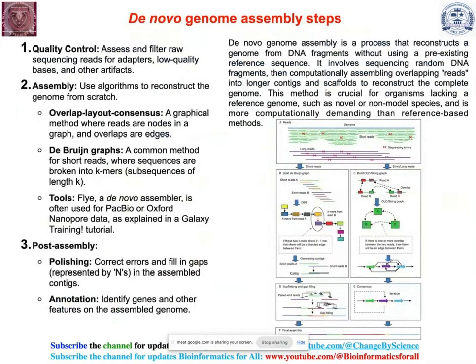Now, in de novo genome assembly, you generally go for quality control, then assembly, and then post-assembly. First you need to understand what de novo genome assembly is. It is a process that reconstructs a genome from DNA fragments without using a pre-existing reference sequence. It involves sequencing random DNA fragments, then computationally assembling overlapping reads into longer contigs and scaffolds to reconstruct the complete genome.